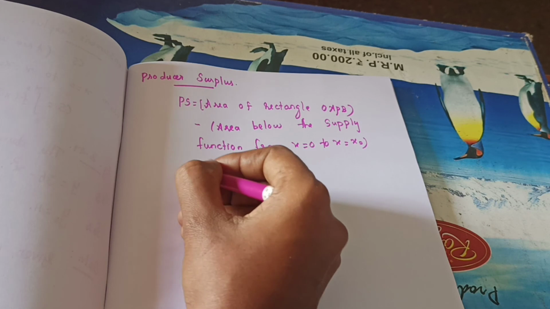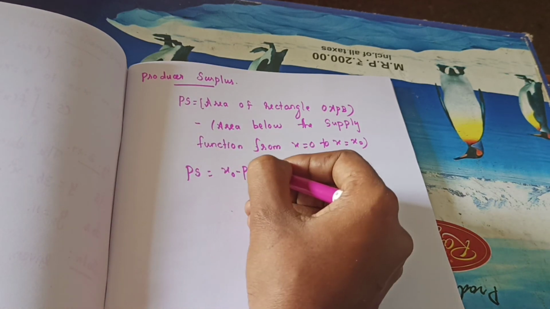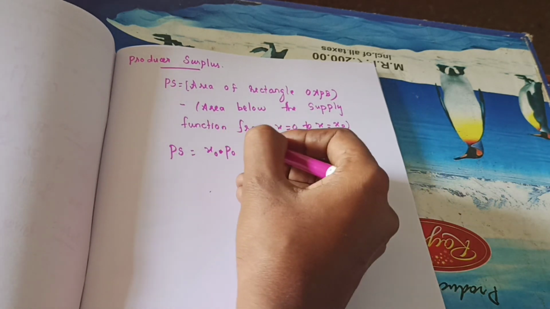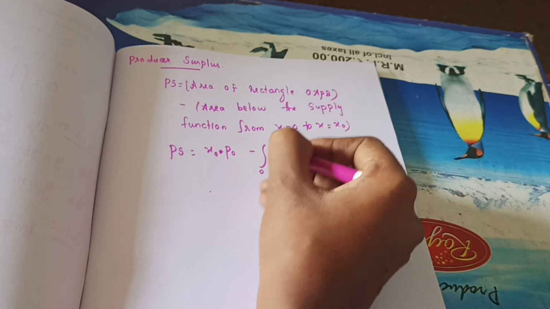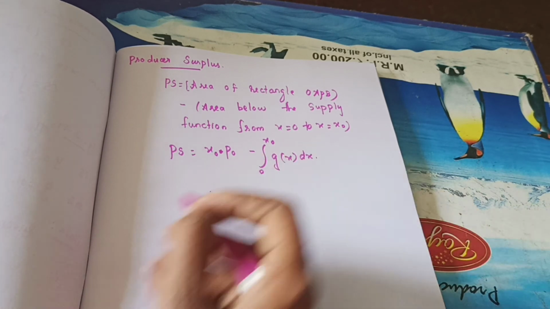So the formula is PS is equal to x naught into p naught minus the integral from 0 to x naught of g of x dx.